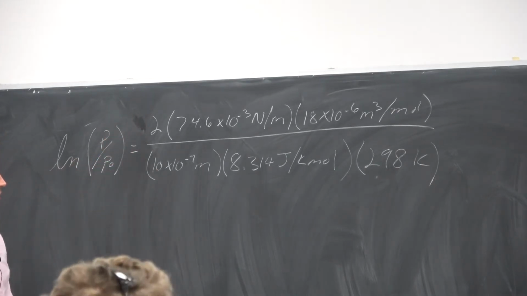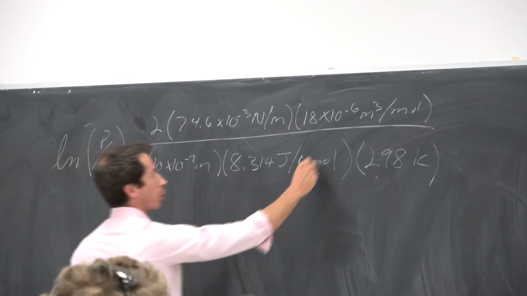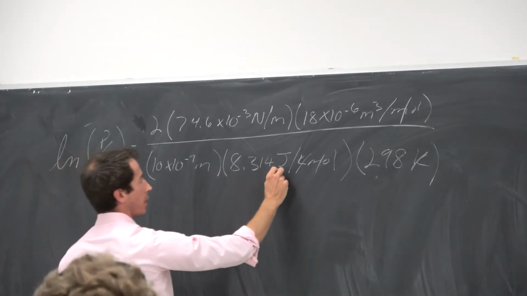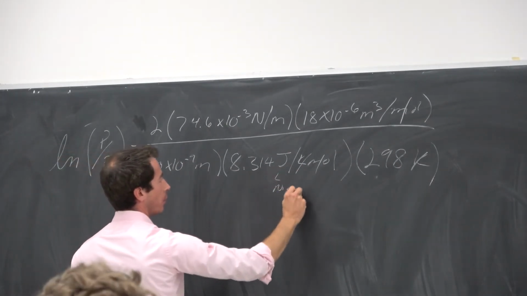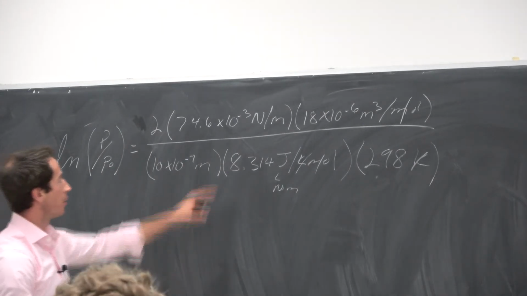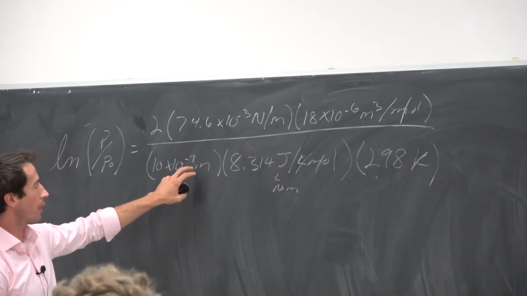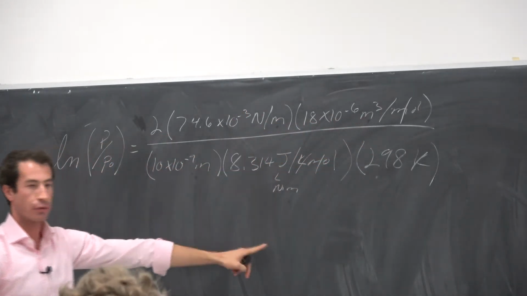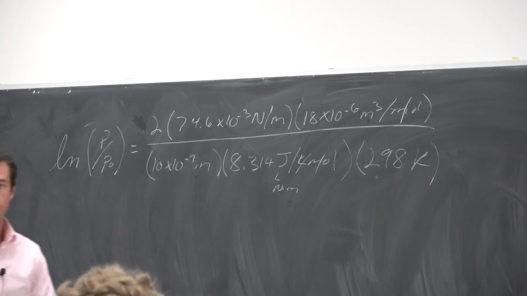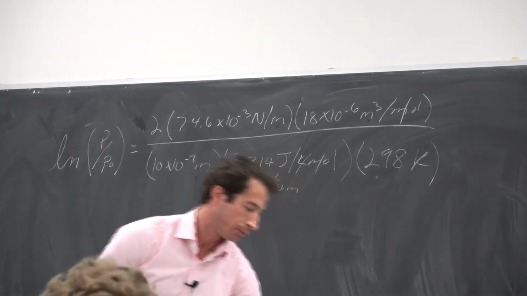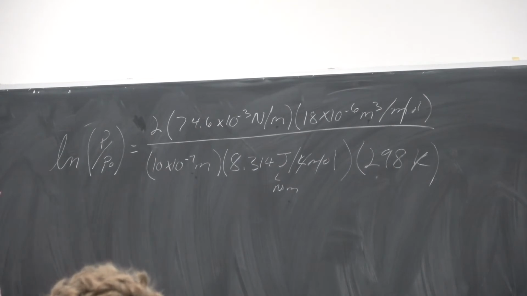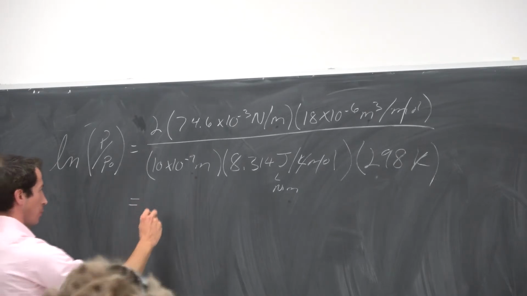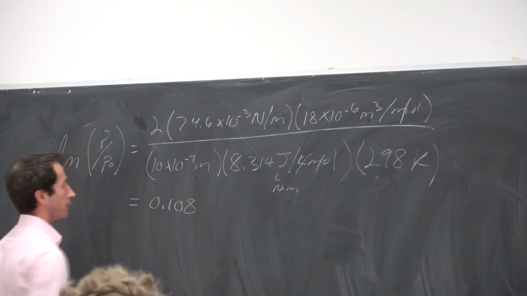So our units cancel. Per mole, Kelvin, Kelvin. A joule is a Newton meter, right? And then this meter's on the bottom. So we have 3 meters on the bottom and a cubic meter on the top. And then our newtons cancel. Joules, Newton meter. So this equals 0.108.